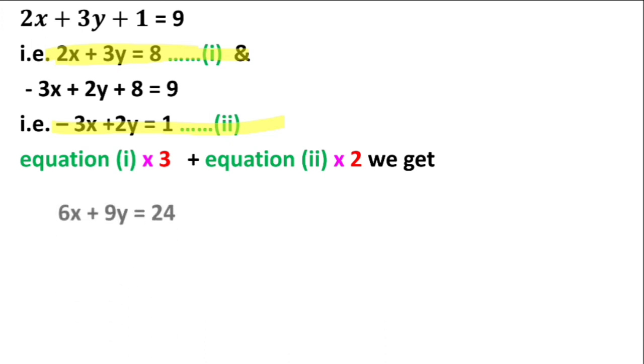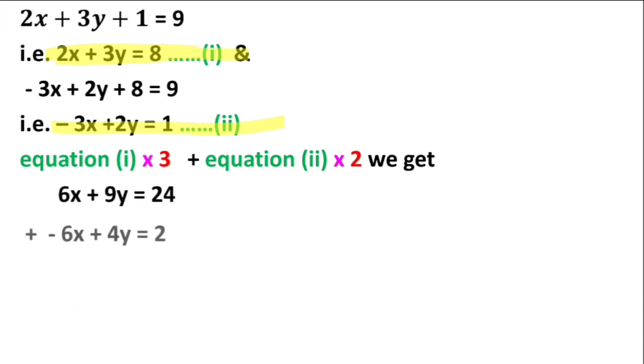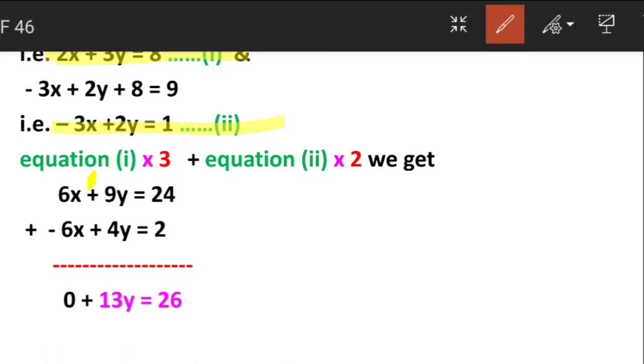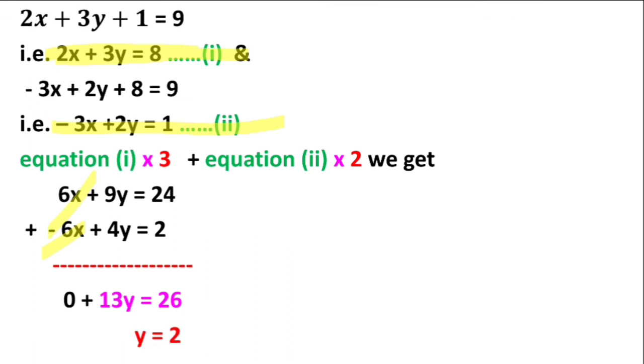So it becomes 6x plus 9y is equal to 24 and minus 6x plus 4y is equal to 2. After adding, 6x minus 6x get cancelled and it becomes 9 plus 4, 13y is equal to 26. From this you will get y is 2.